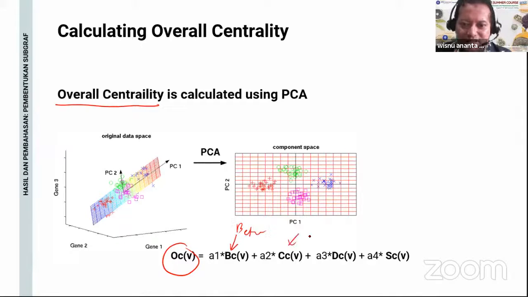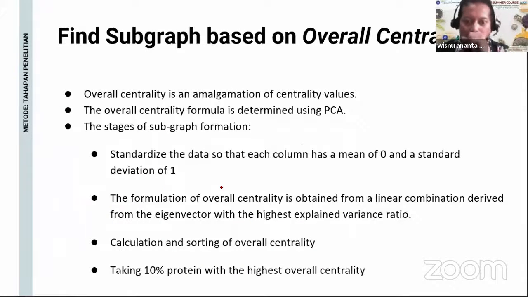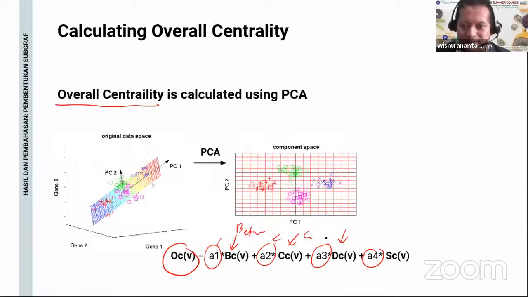So, for example, this is betweenness centrality, this is closeness centrality, and this is another attribute. Then you should find the weight, or coefficient, here. This coefficient is actually calculated by using PCA to get the eigenvector and to get this weight.